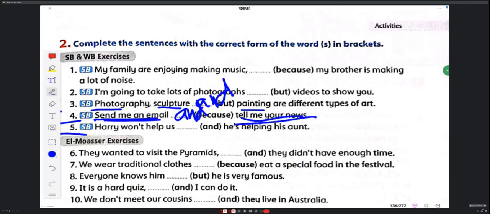Number five: Harry won't help us because he is helping his aunt. Or: Harry won't help us, but he is helping his aunt.